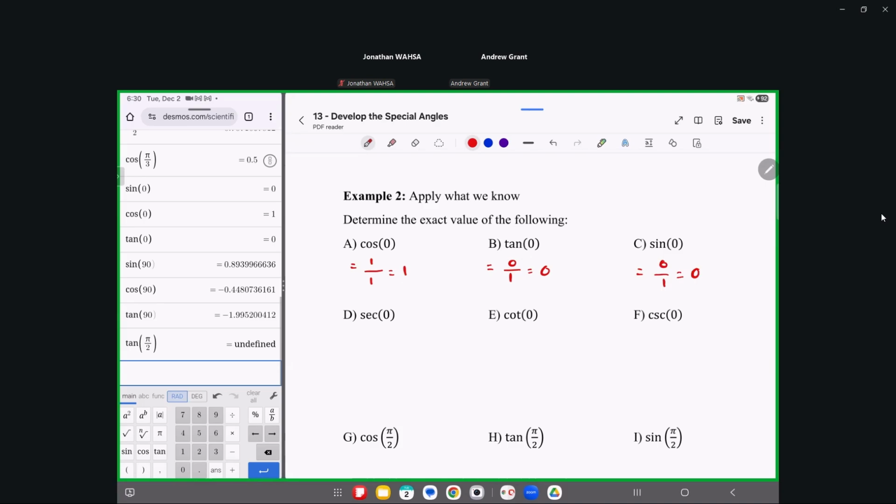Not sure why I put them this way instead of the traditional way, but here we are. Okay, so secant of 0, that's going to be the reciprocal of 1 over 1. So secant of 0 is going to be 1 over 1, which is 1.